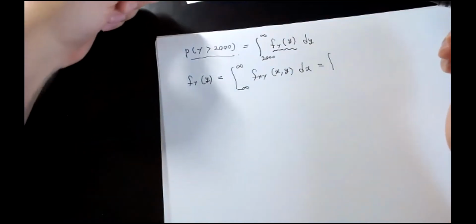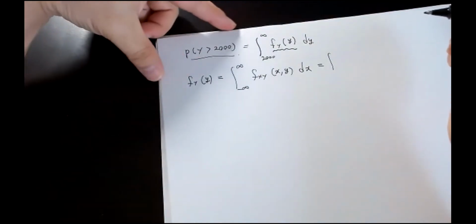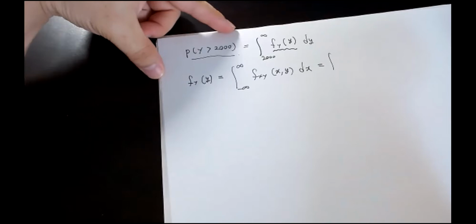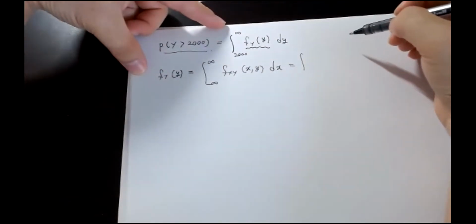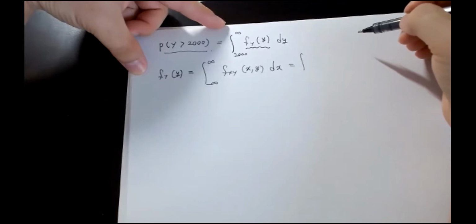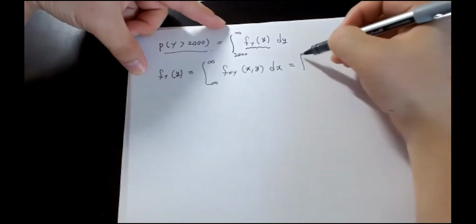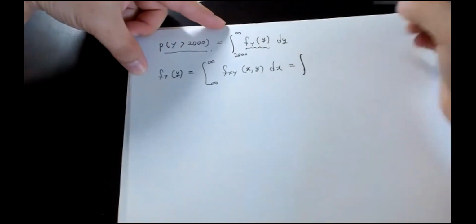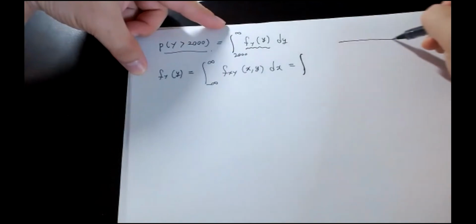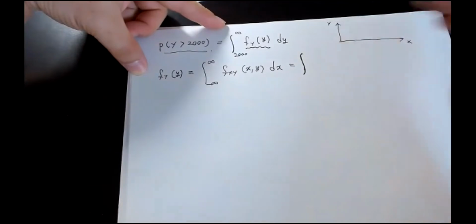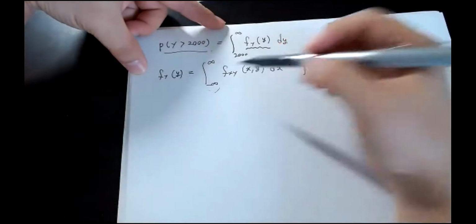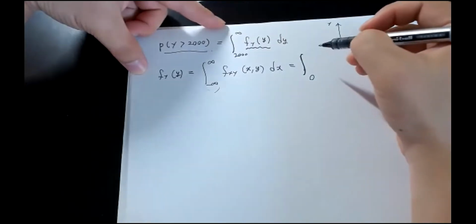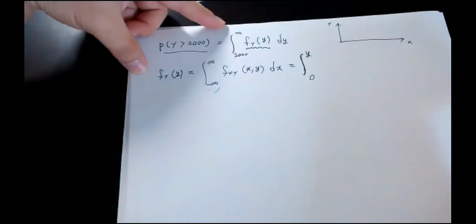Okay. So the first one, negative infinity can be reduced to 0 to y. Wait a minute, how come?